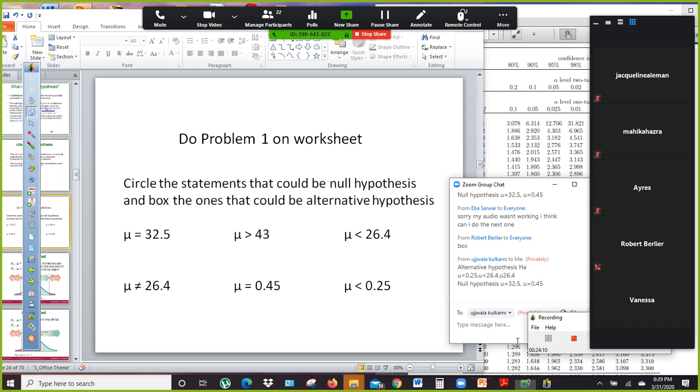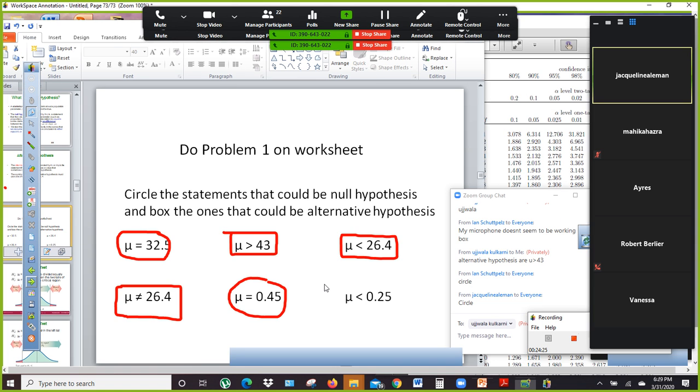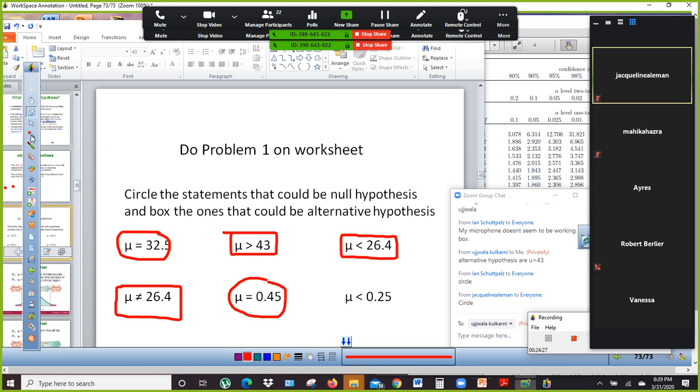You can also chat it if you're having trouble. Oh yeah, box. Got it. Perfect. Nice job, everybody.